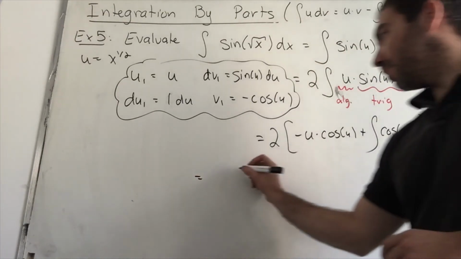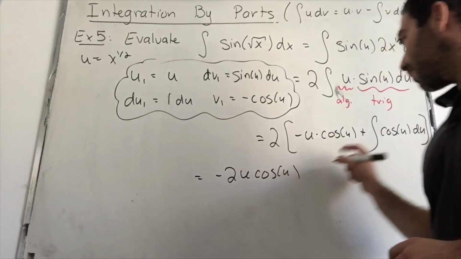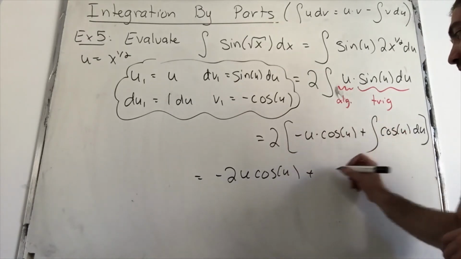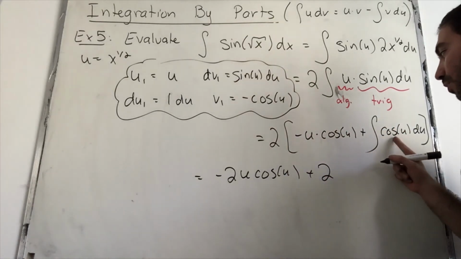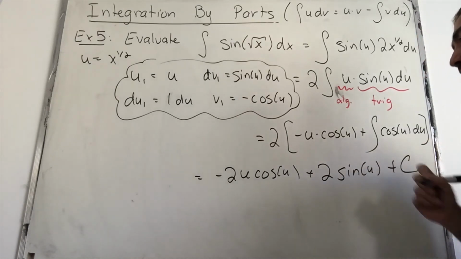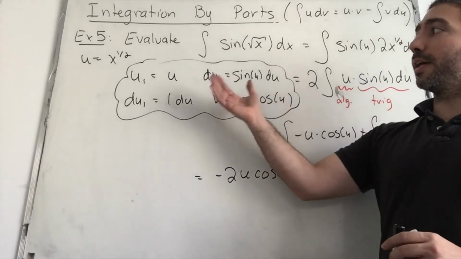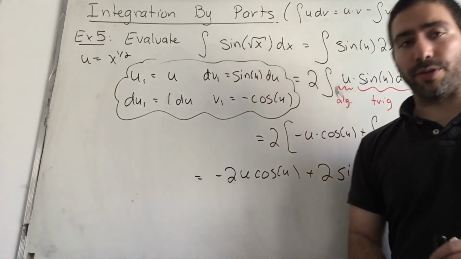This over here, the 2 multiplies in, so we get negative 2u cos of u, plus the 2 multiplies to this guy as well, and we know the integral of cos is sine u, plus c. Okay, so here's an example where we have to apply a u substitution with an integration by parts.